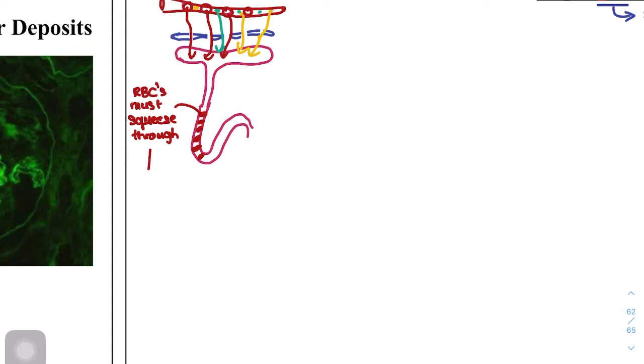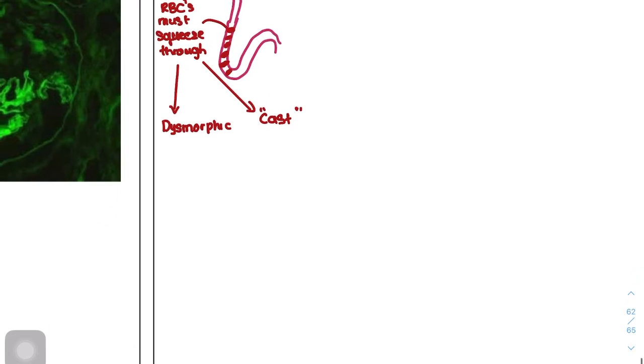That means it is either going to become dysmorphic, like the morphology of those cells is going to be gone. The normal one is gone, so we call it dysmorphic. Or they could aggregate on top of each other to form a structure called casts. It will form a structure called casts, so it is going to have the shape of the lumen.